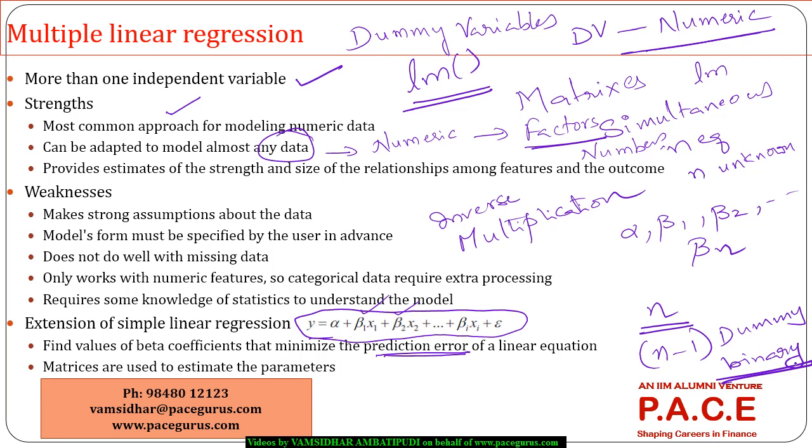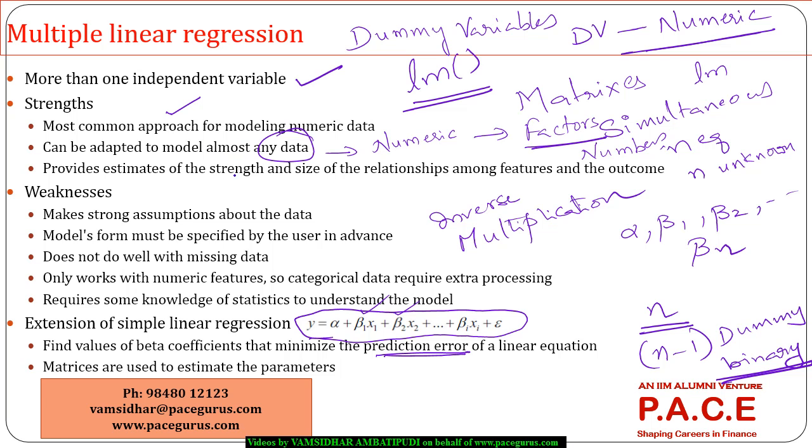So we don't need to create those dummy variables ourselves when we are using the LM function. The LM formula itself automatically converts all those factor variables into numeric by converting them into dummy codes.